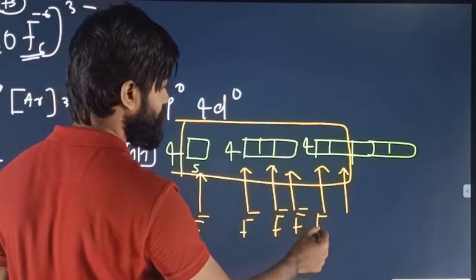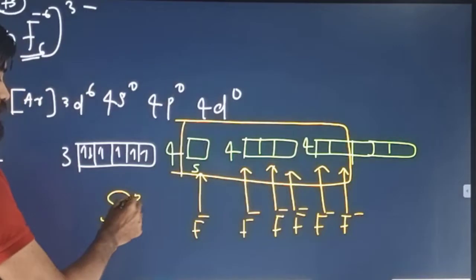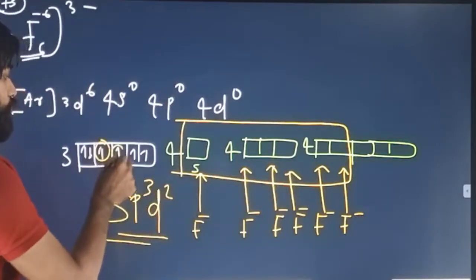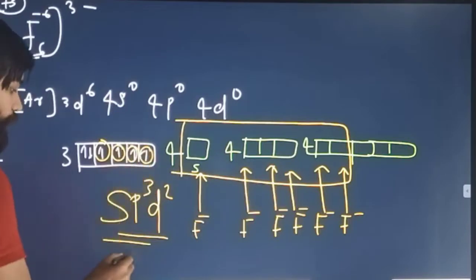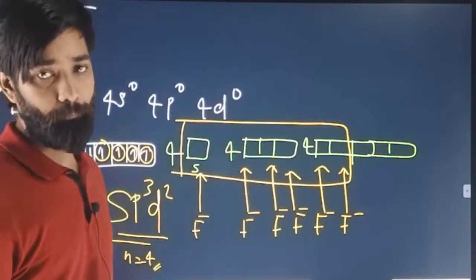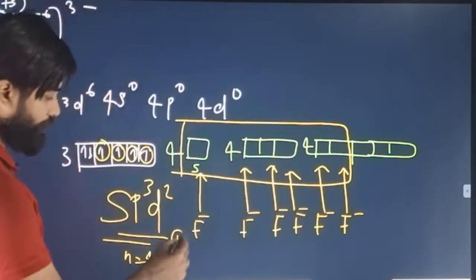That is exactly what is discussed in VSEPR theory. So this hybridization is sp3d2, where there are 4 unpaired electrons, n equals 4. So that molecule is paramagnetic.